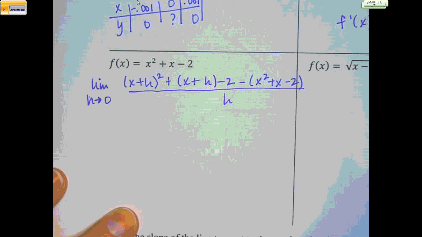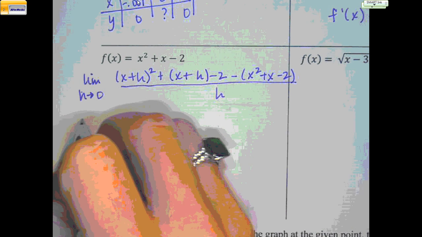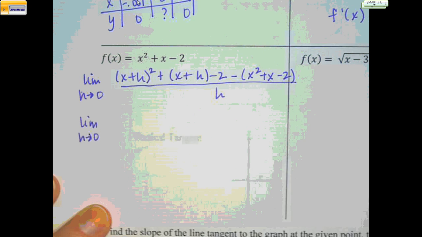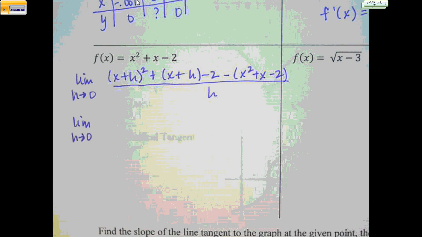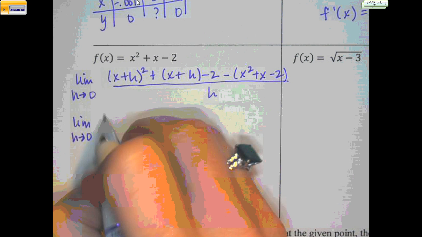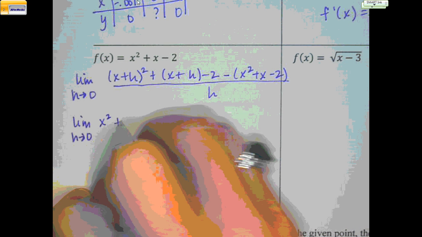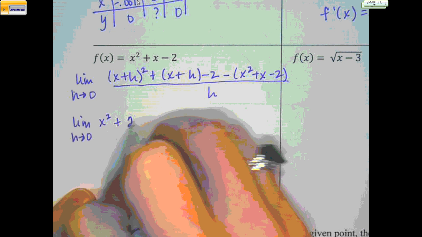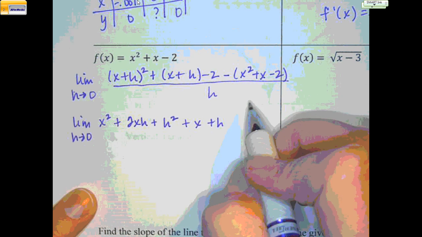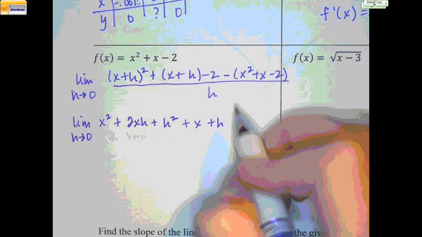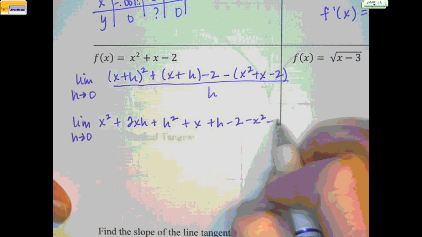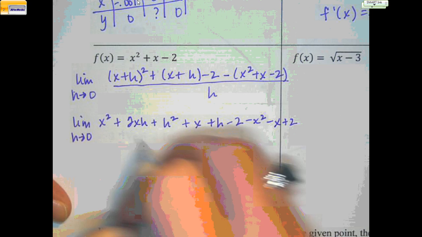The whole thing is over h. Do some algebra. Remember, that's not x squared plus h squared. You have to FOIL that so that we get x squared plus 2xh plus h squared, and then plus x plus h minus 2. Subtract everybody, so we have negative x squared, negative x, and positive 2.